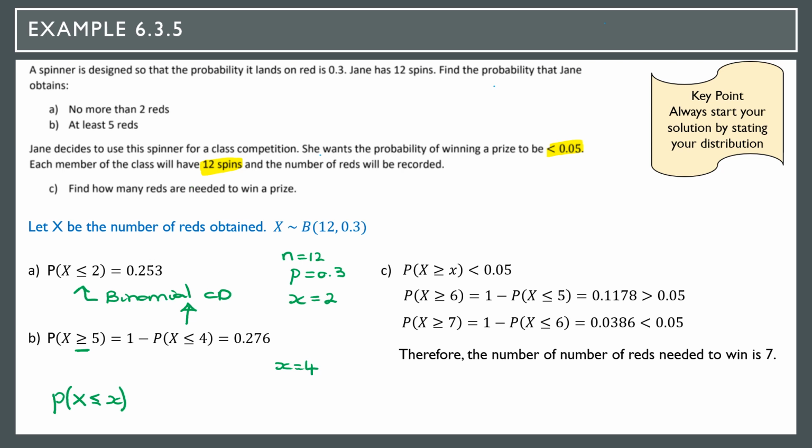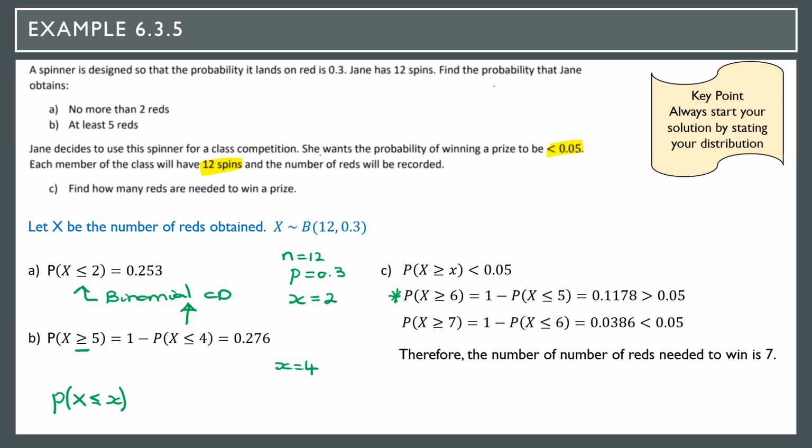So there are a couple of ways that you can do this, so if you haven't done it the same way as me, that's fine. I've used trial and error for this example. So first I've considered the probability of landing on 6 or more reds. Because I want to make use of the cumulative distribution, I've taken 1 minus the probability that X is less than or equal to 5, and that gives me a probability of 0.1178.